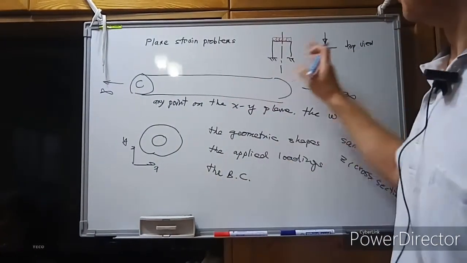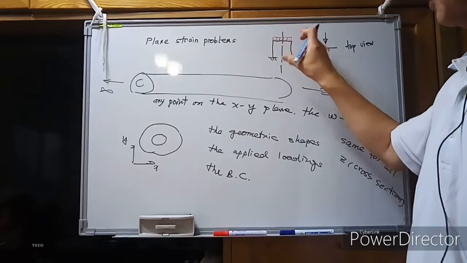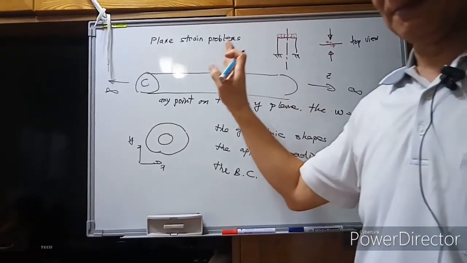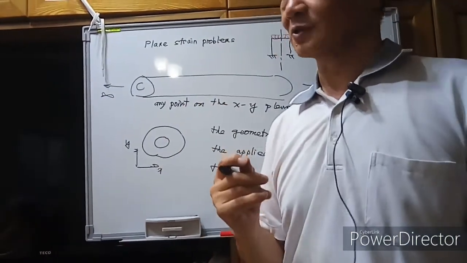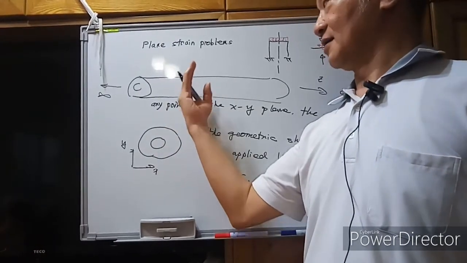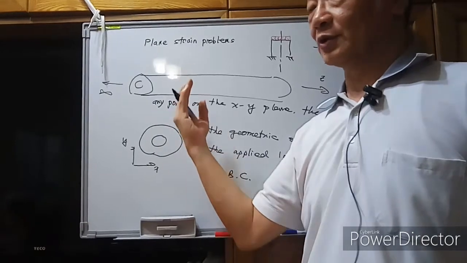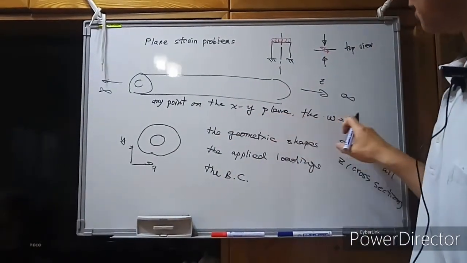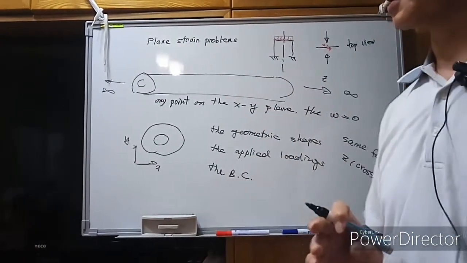So you can use a similar derivation to the one for the displacement on the symmetric line, where the displacement must be equal to 0. You can use similar reasoning to conclude that for all the points on the xy plane, the displacement along the z direction must be equal to 0.